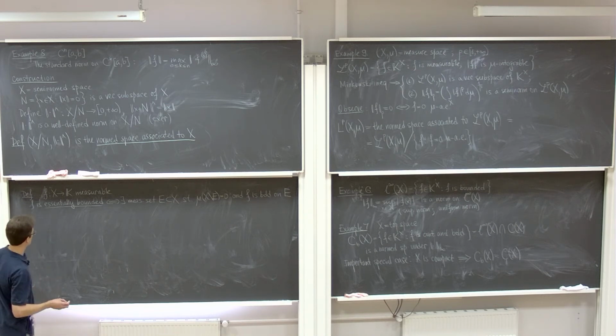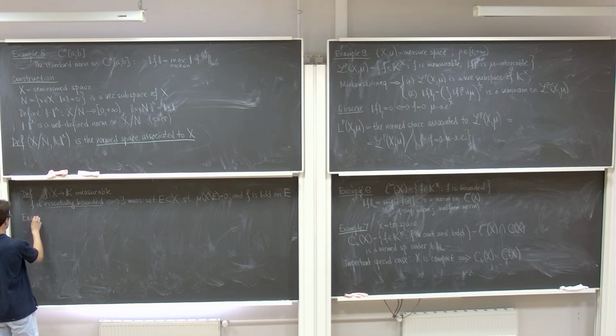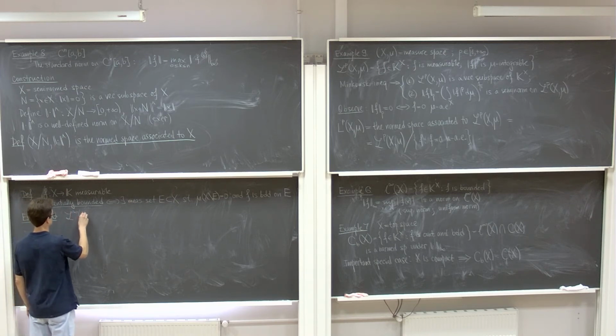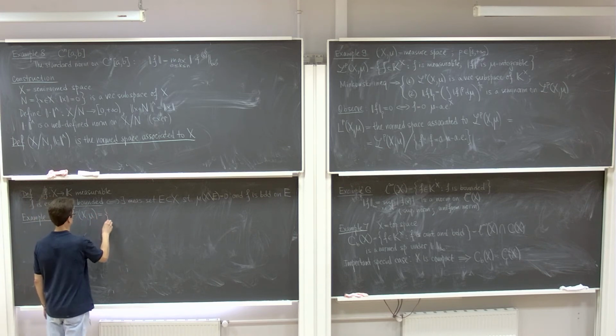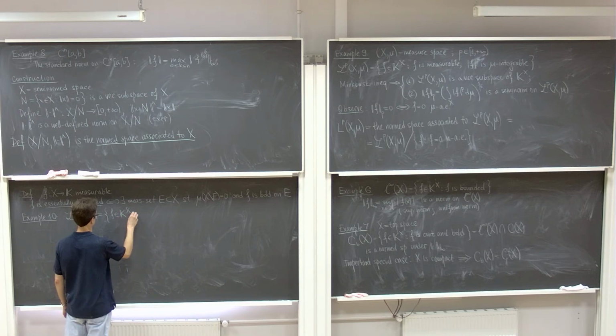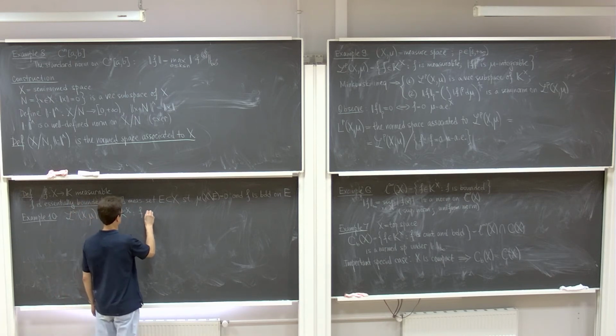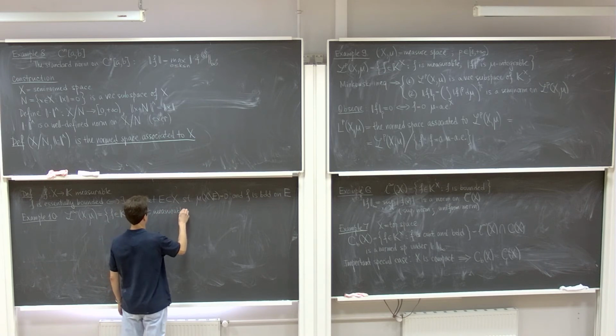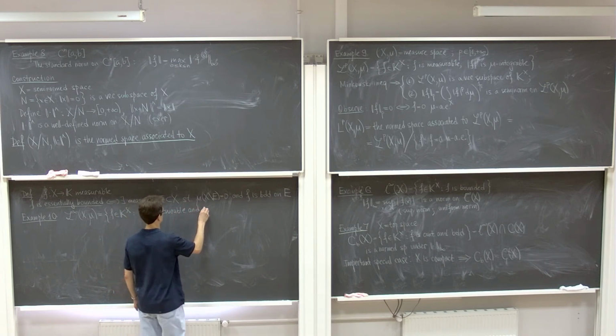Well, now we can discuss our last example for today, example 10. We define the space script L infinity of X, mu to be the space of all essentially bounded measurable functions on X. That is, f is measurable and essentially bounded.